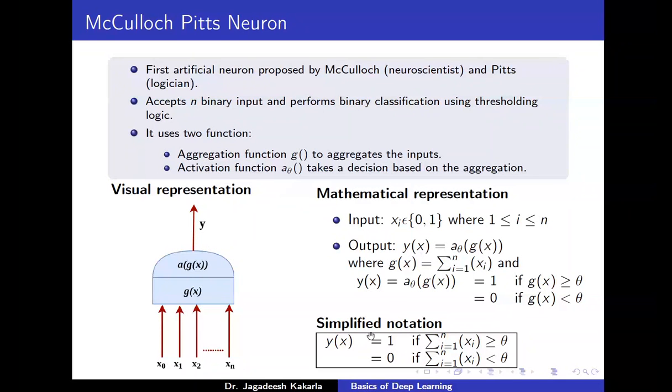Now if you look here, we have the input and the output: x0, x1, x2, so on, xn is the input and y is your output. How we can do it is that we take a threshold value. Let me give a simple example. Suppose you are writing the DBMS end semester exam.